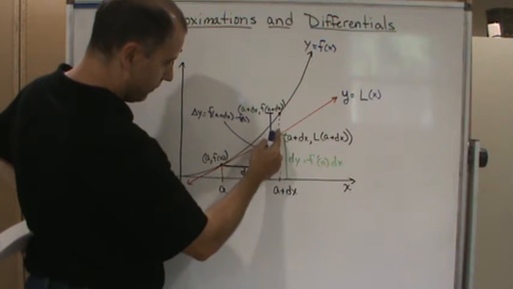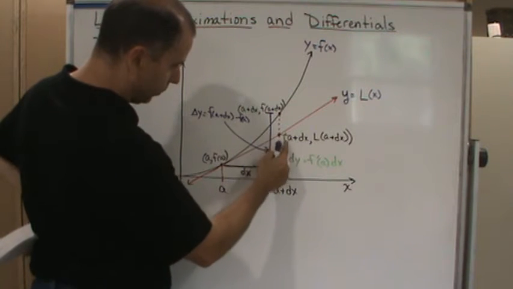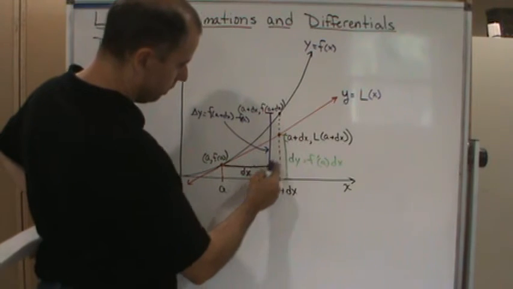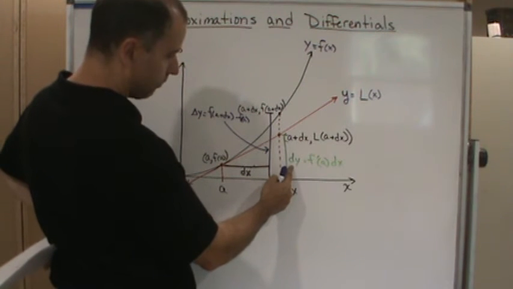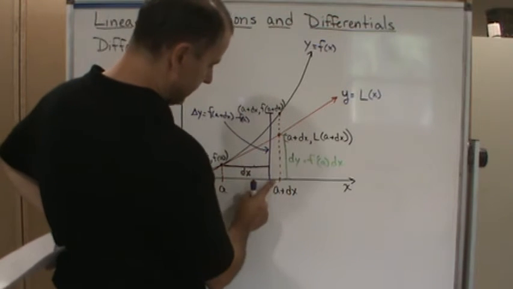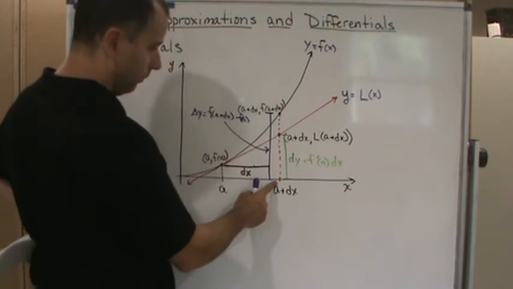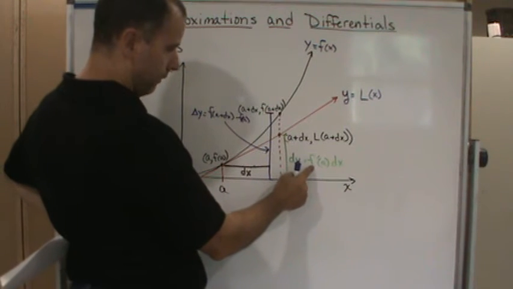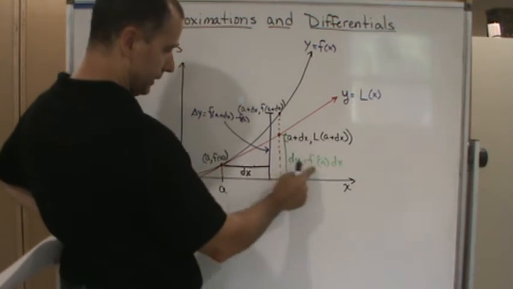Now this vertical distance here in green is dy. That's dy. The derivative, or the differential dy, is equal to f prime of a dx.